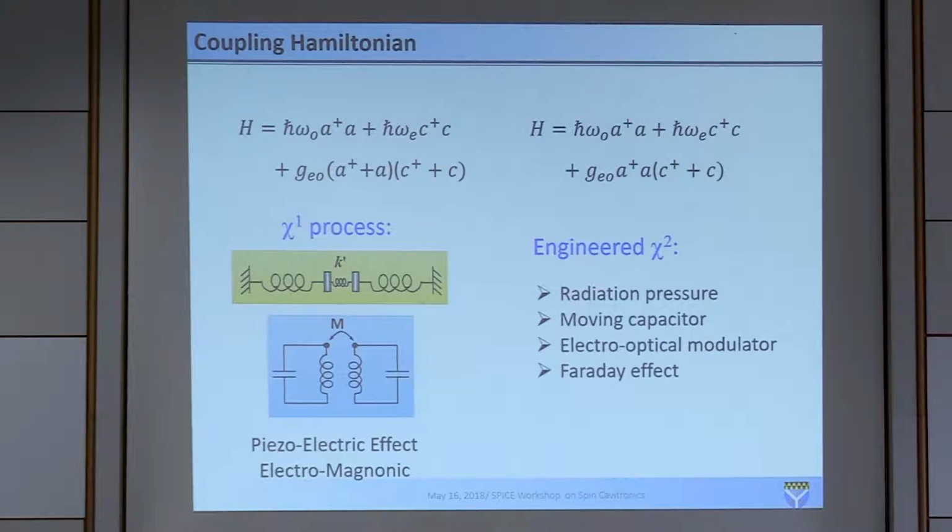When their resonant frequencies are the same, normally you have a dipole coupling. For example, the magnetic field component of your microwave coupled to the magnon is a dipole coupling. In terms of the Hamiltonian, this is a so-called bilinear coupling. So this could be a native magnetic field and the magnon field, and they couple together. This interaction, I call it the Chi-1 process. It's a really direct dipole coupling.